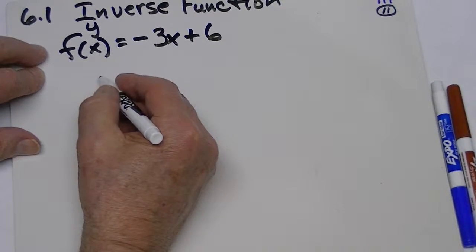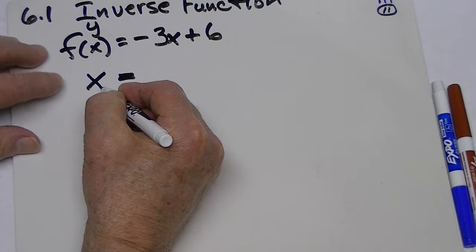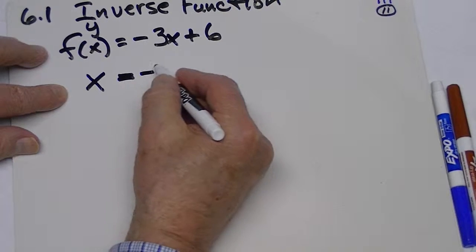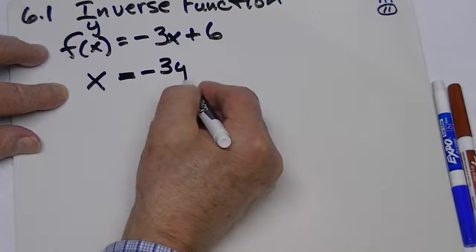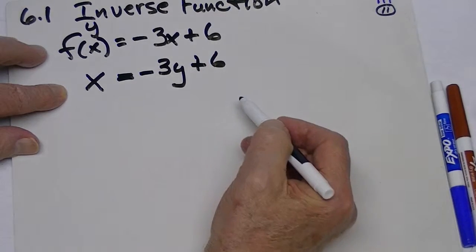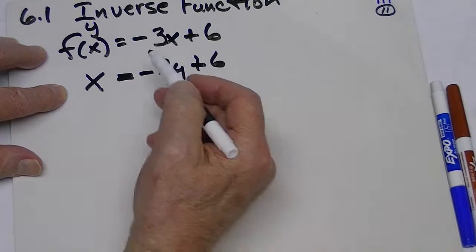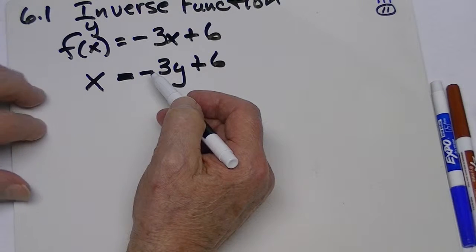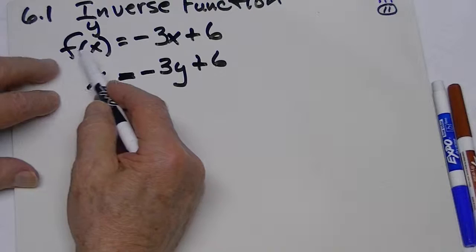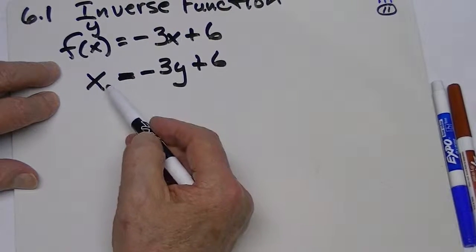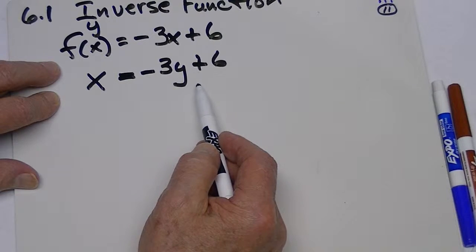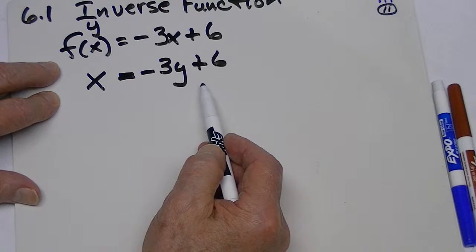So our x term will come out here. Our y term will replace the x, and we just have the 6 there. So for step 1, to find the inverse function, we replace the function symbol with a y, and then we switch the y and the x around. So that's what we've done.